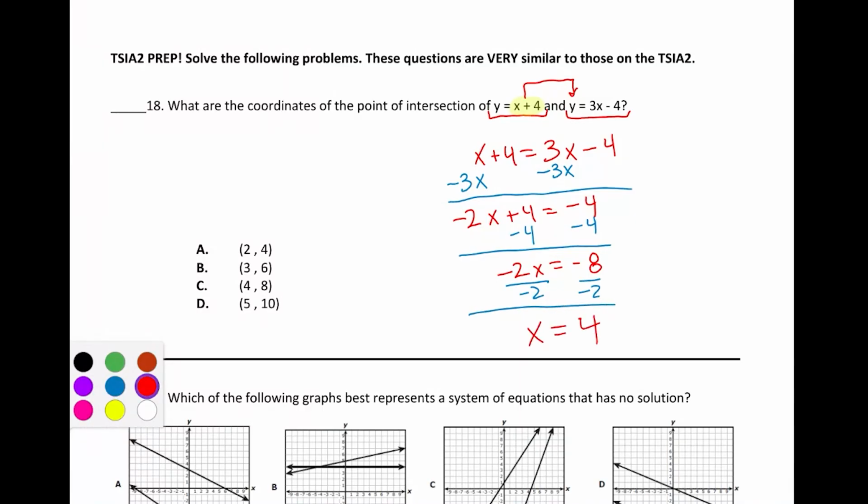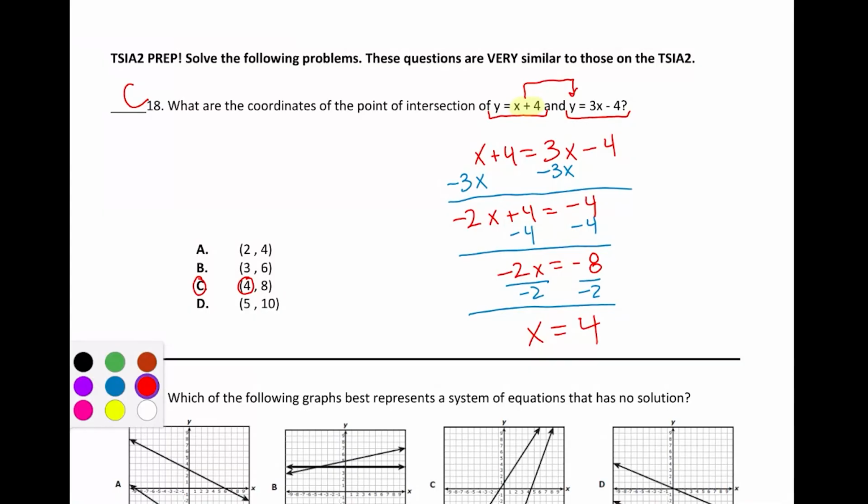Now, you're not going to be in a rush on this test. I've said many times before, this is an untimed test. But look at our answer choices. Only one of them actually has an x of 4. So we should be pretty sure at this point that the answer is going to be C. But I do want to go back and check, especially on these where we may have made a mistake somewhere.